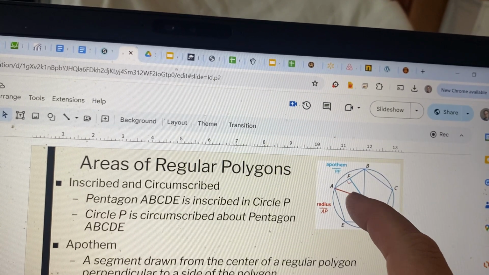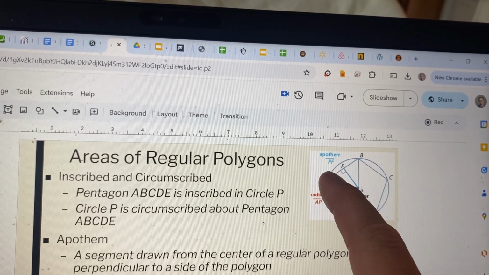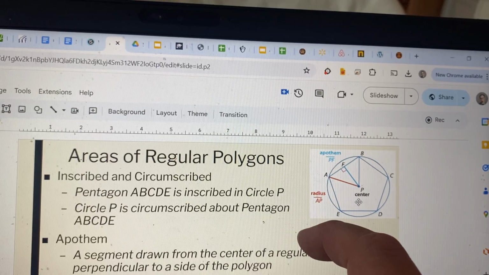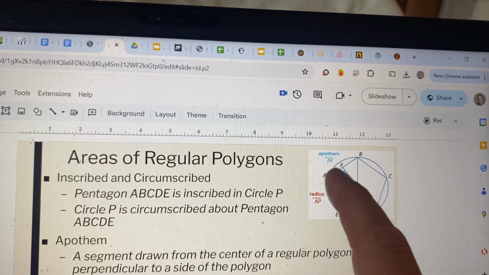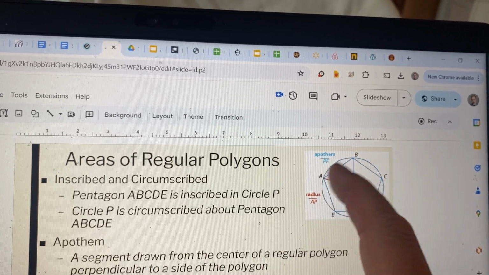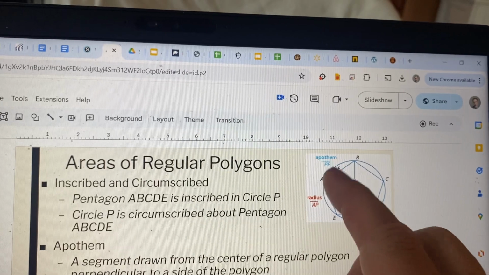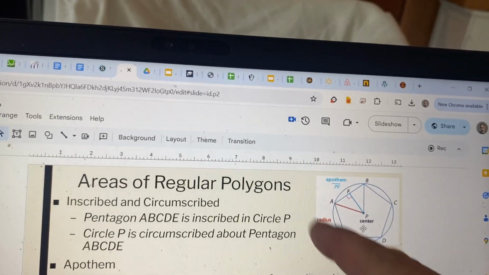So this central angle here is going to be 72. When we cut this in half, that's a 36-degree angle. This is a 54-degree angle. That's a 90-degree angle. So we can use trig and those angles if we have this radius or if we have this full side of the shape, in order to find that apothem. Then we can find our area of the whole thing.